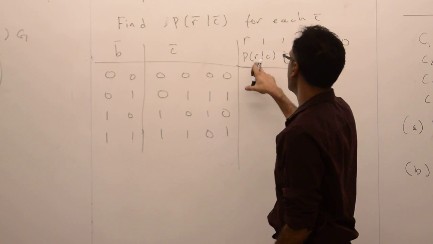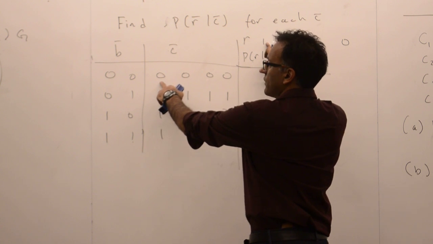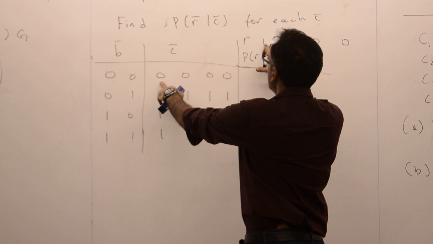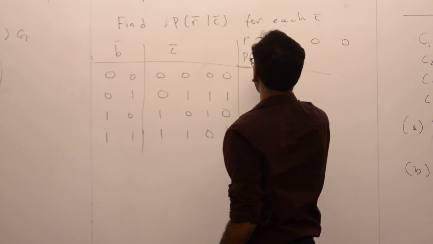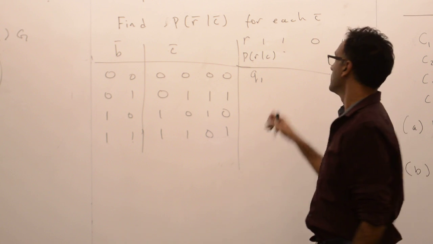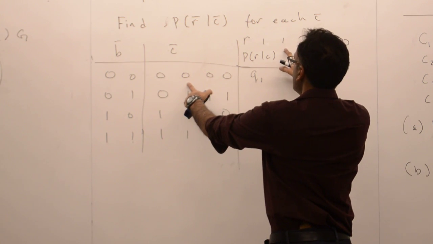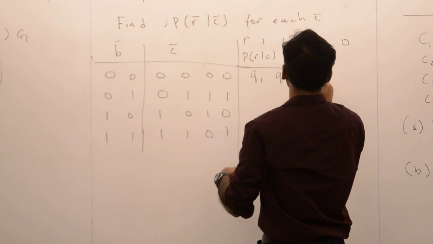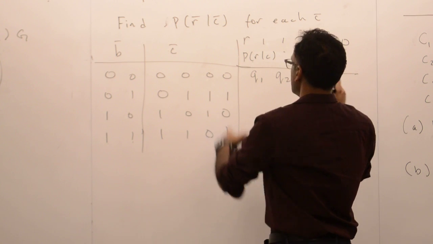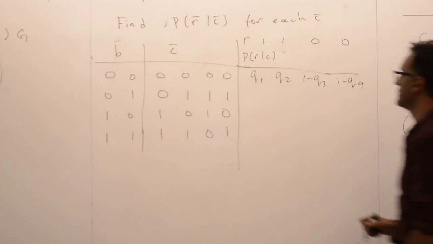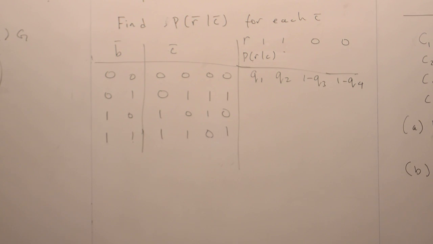Okay, so in this case, R was 1, so the chance of getting this would be, this is an error, Q1. The chance of getting this guy, this is an error, would be Q2. This is correct, so it would be 1 minus Q3. And this guy here would be 1 minus Q4. Does everyone see that? For each bit.